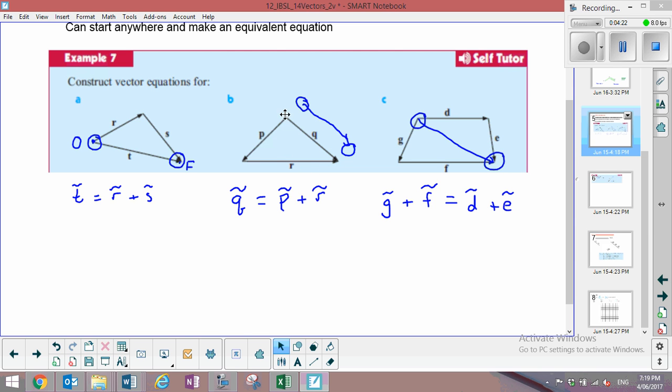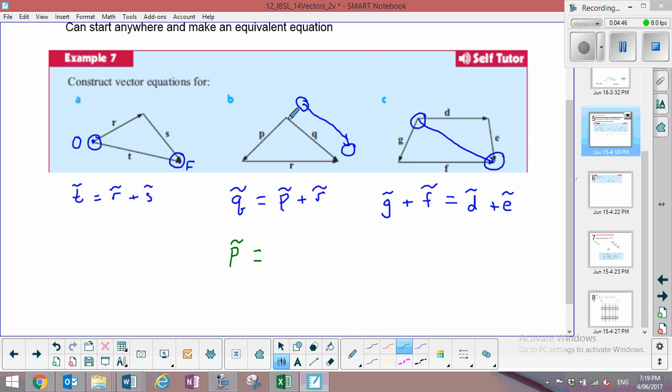But if I wanted to make p my resulting vector, let's put it in green, p is our resulting vector, then how could we get that?